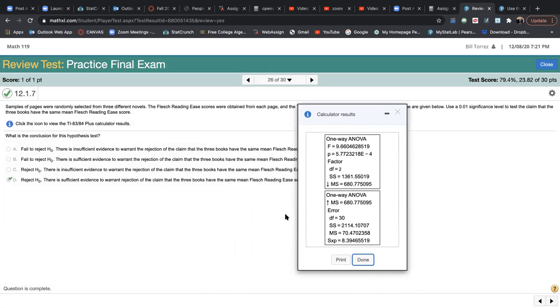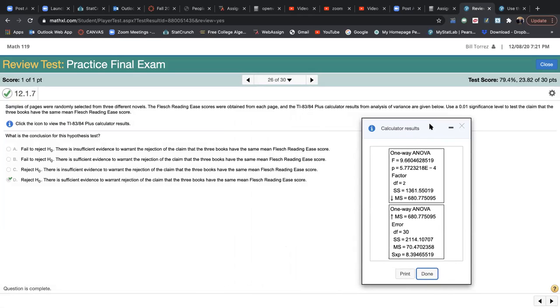Okay, so notice that in these results, we have the F statistic for the test that the 3 mean scores for the randomly selected sample pages taken from 3 different novels. So our null hypothesis is that the scores are the same across the 3 different novels.